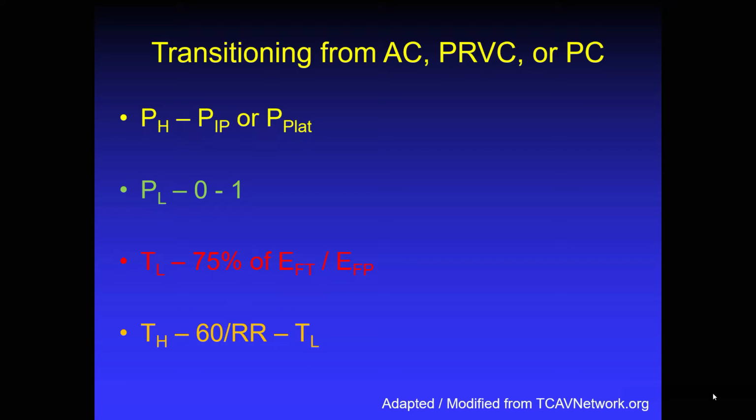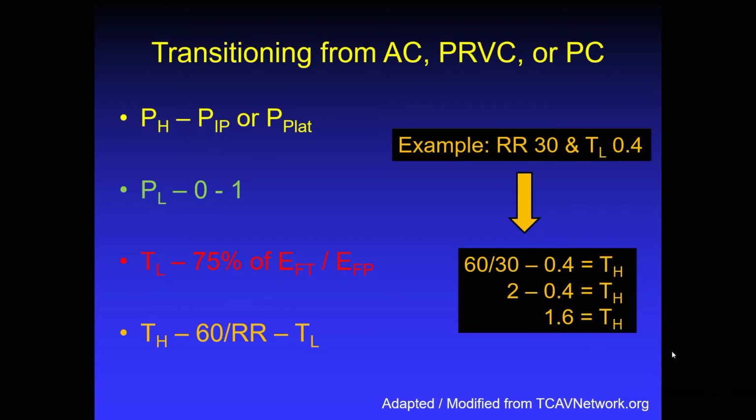Although respiratory rate is not a set parameter on APRV, it is indirectly set through the T high and the T low, with the combined time of T high plus T low equaling 1 cycle in seconds. With 60 seconds per minute, you take 60 divided by the combination of T high and T low, which gives you the number of cycles and releases, essentially akin to your respiratory rate.